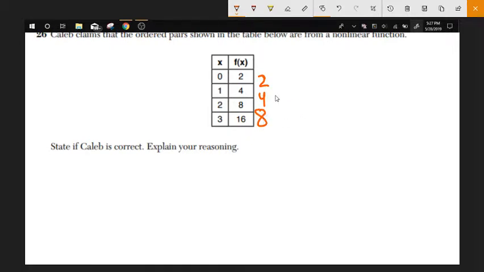So we know that this isn't a linear function, because it doesn't have a constant rate of change. There is a pattern to it, it's doubling each time, but that doesn't mean that it's a constant rate of change.